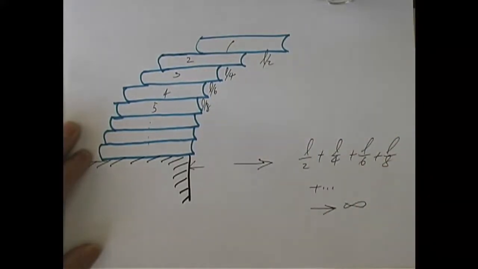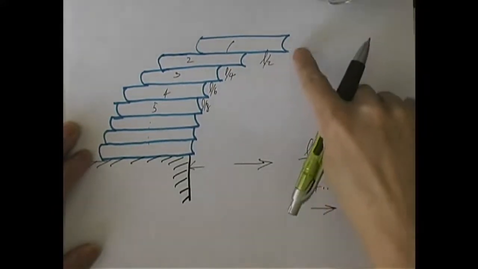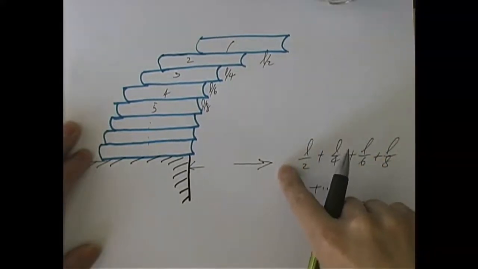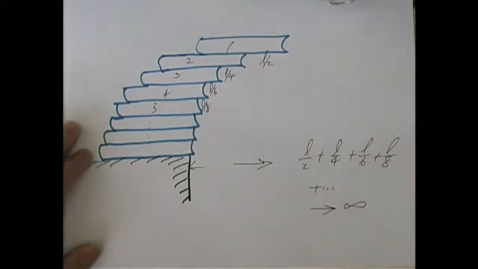In reality, that can happen, definitely. And you don't need an infinite number of books to achieve that. An infinite number of books will get you to infinity, okay? How many is the minimum number of books necessary so that the first book goes out from the edge of the table by more than its own length?